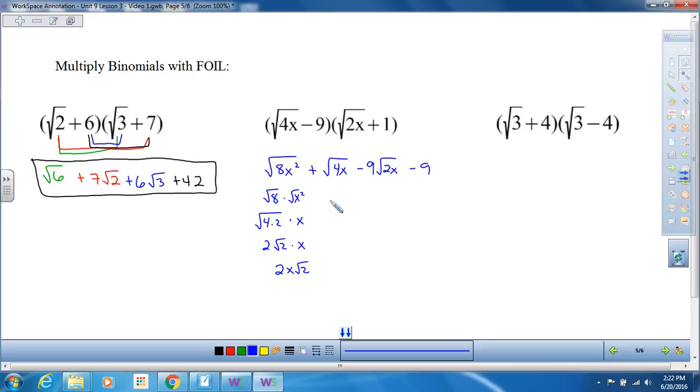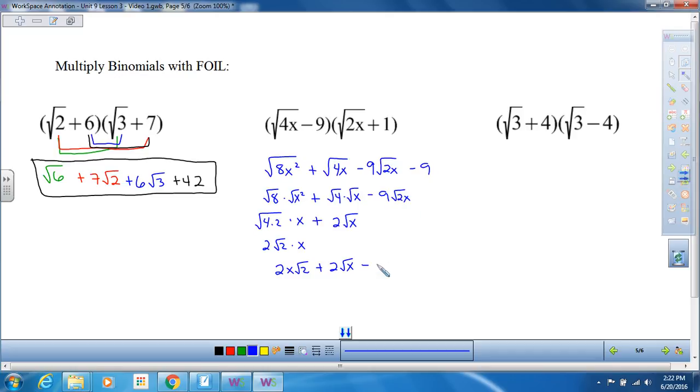Okay, this can actually simplify too because 4 is a perfect square. So that's 2 square root of x. Okay. Nothing can be simplified here.